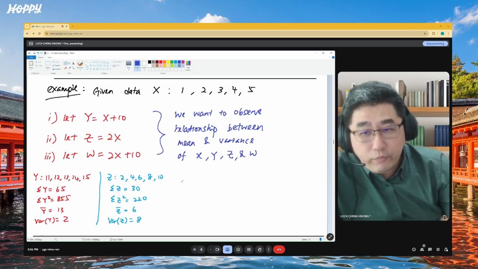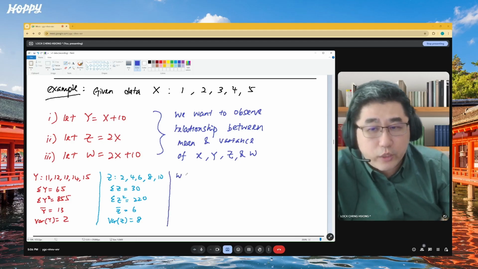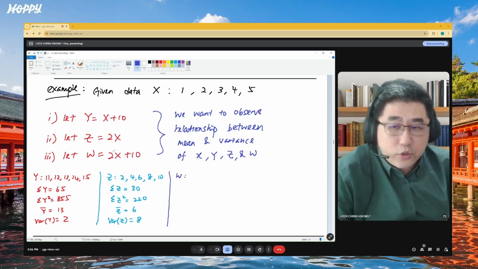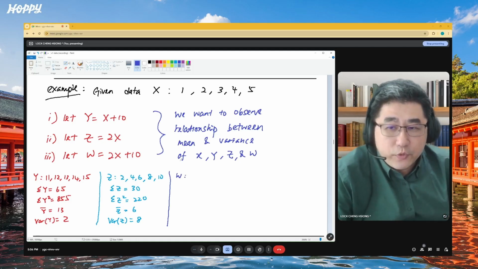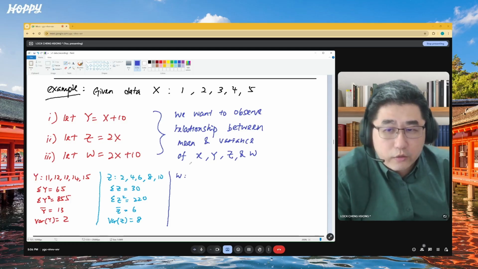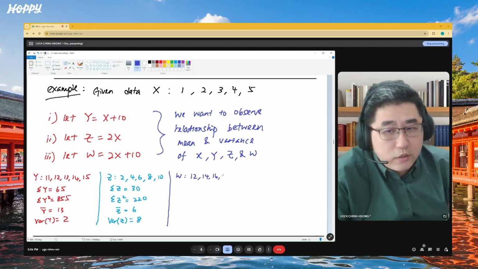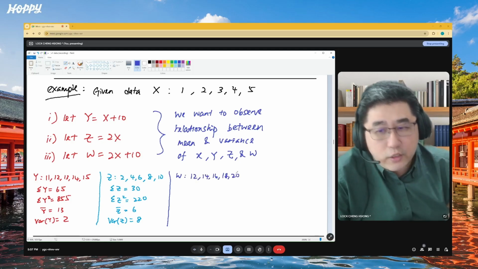Okay, the third one, I get the value of w. The w is coded into 2x plus 10. With 2x plus 10, I can write out the new values: 12, 14, 16, 18, and 20.